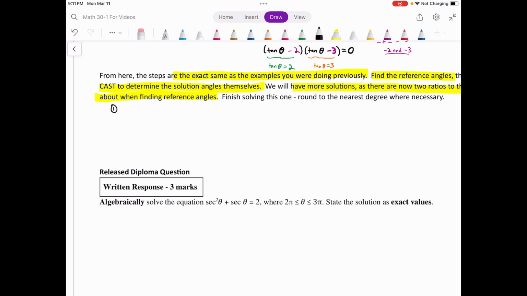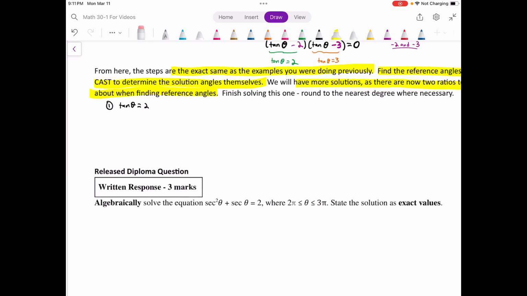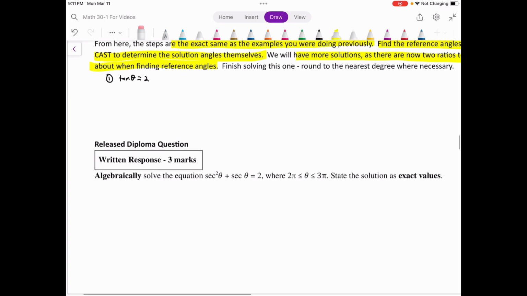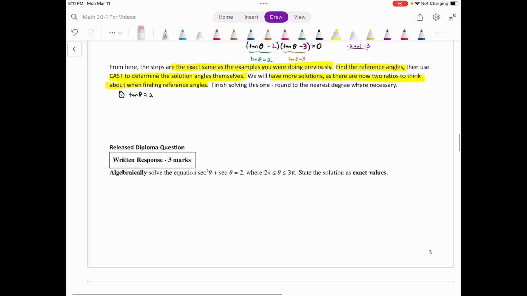We figured out that tan theta could equal 2 and tan theta could equal 3. I'm just going to do tan theta equals 2, then we'll do tan theta equals 3, just to keep things separate. So we'll do tan theta equals 2 here. We'll leave ourselves some room. And then over here, we'll do tan theta equals 3.